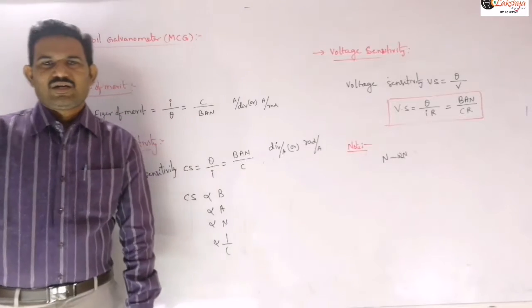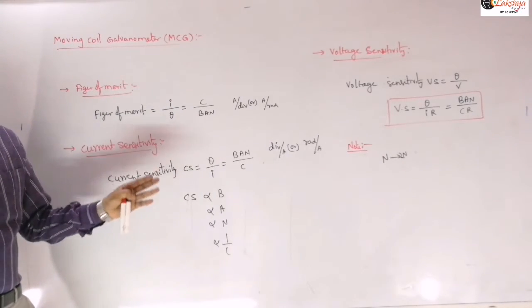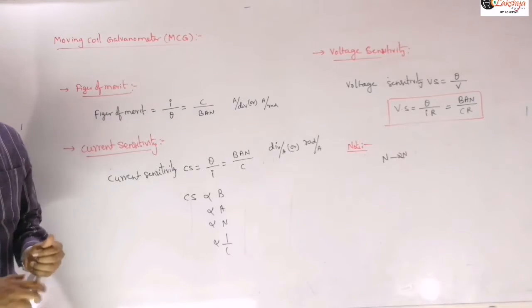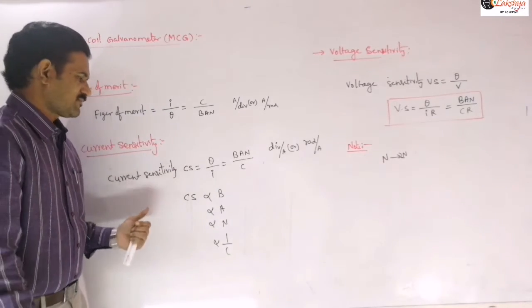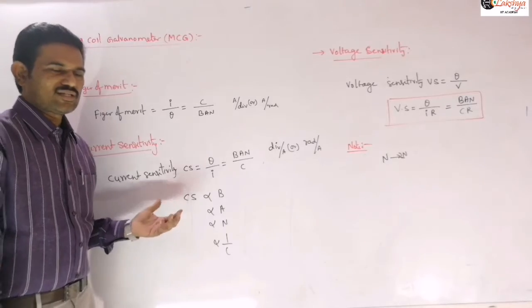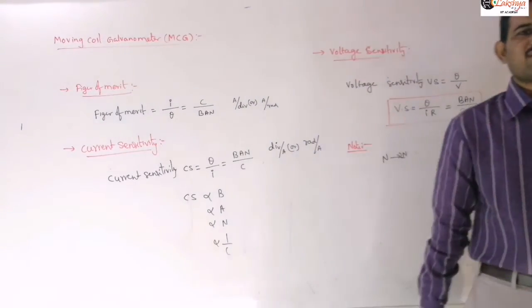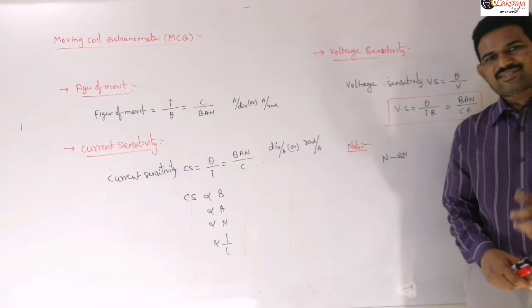Right? So based on this, simple problems will be there based directly on theta by I. Here you may also mention one more point. If the current sensitivity is more, it indicates such a device will be more accurate, giving more accurate values, or we can say it is a more precise device.